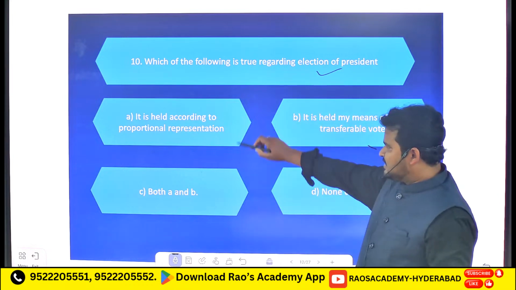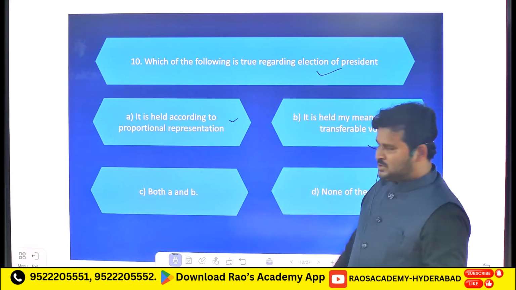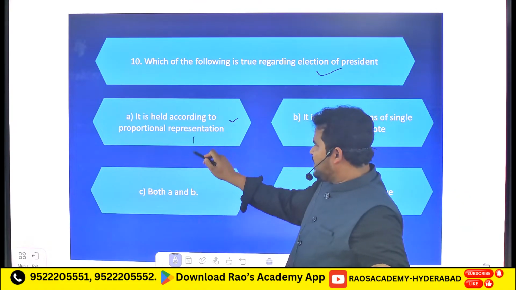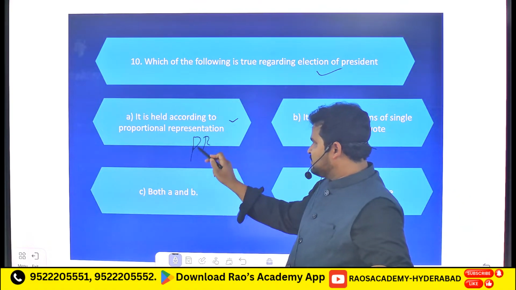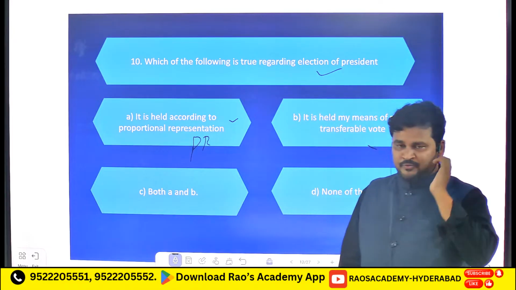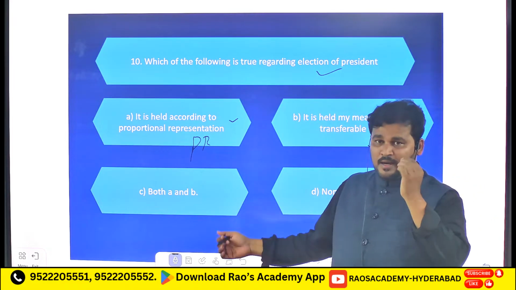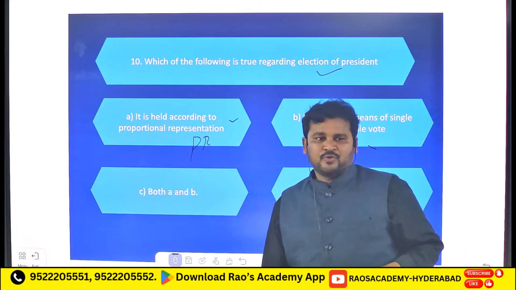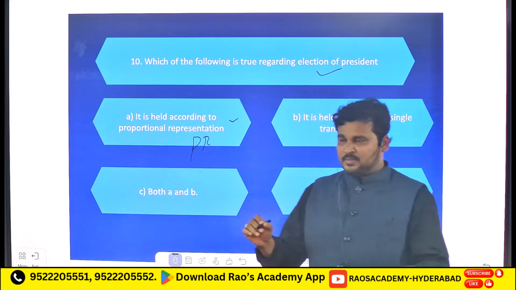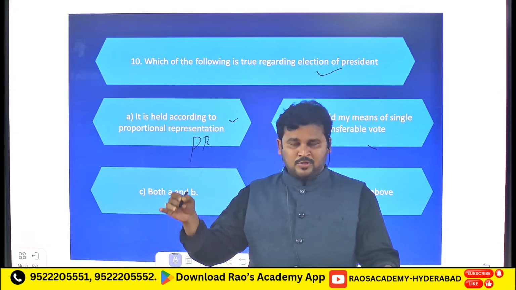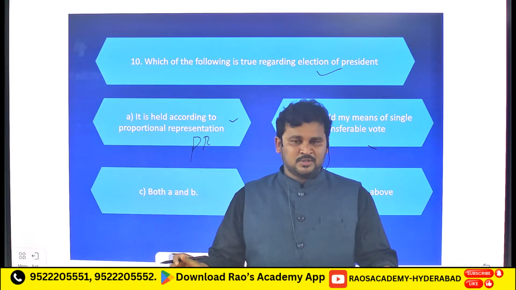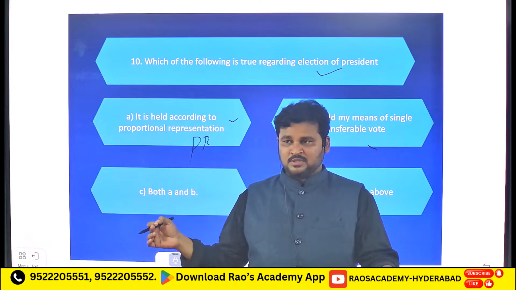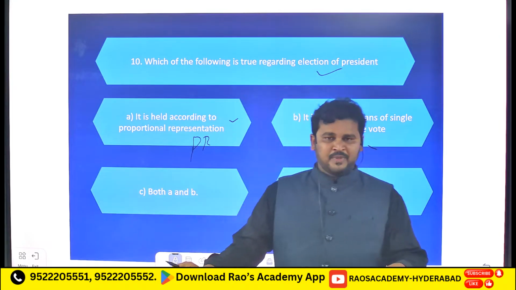So here the answer is that it is held according to proportional representation. Exactly. In general we have two methods: first past the post, and the other method is proportional representation. First past the post is the method we follow to elect your representatives, like MLAs and MPs.